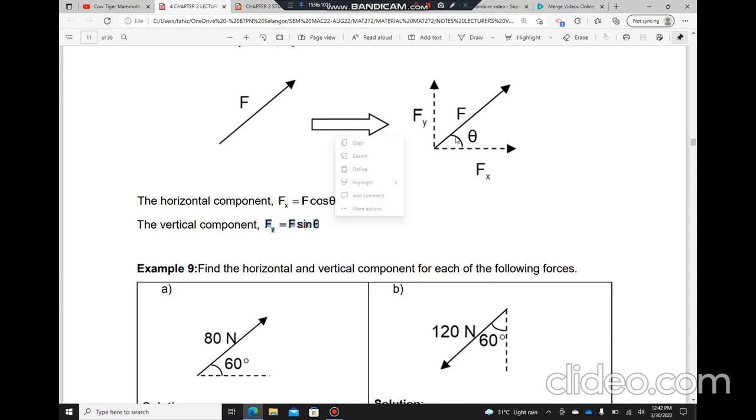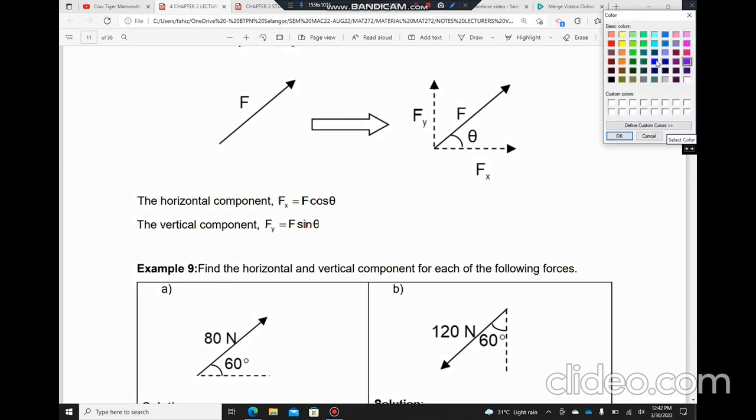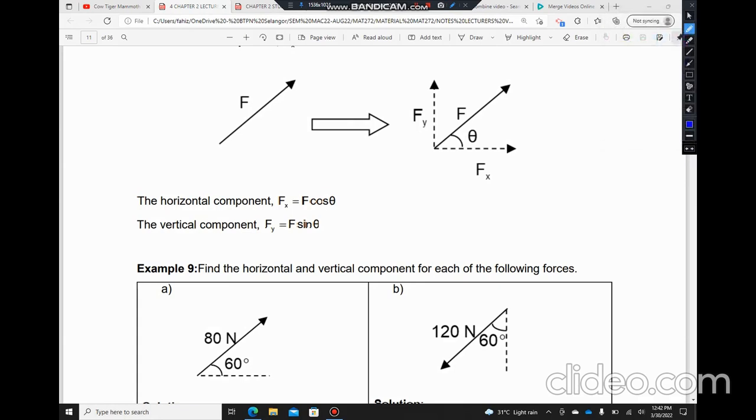Yang ni sebenarnya kita dapat daripada, okay, saya tunjukkan macam mana awak dapat Fx and Fy. Yang ni sebenarnya dah ada dalam chapter 1. Okay, kalau katakan kita letak kat sini Fy, sama dengan ini kan, Fy.